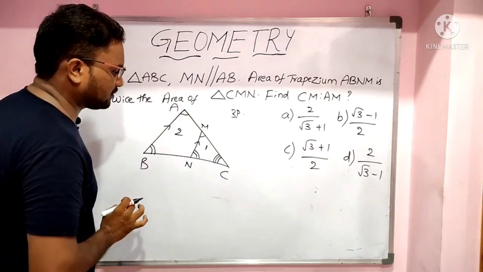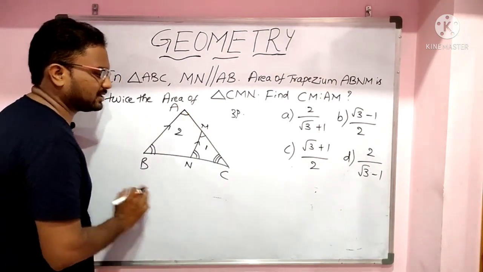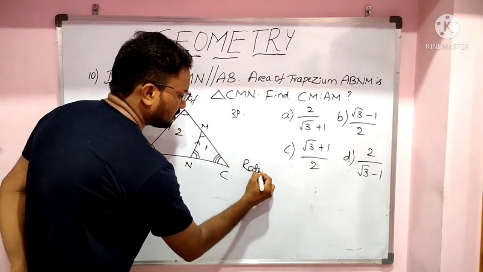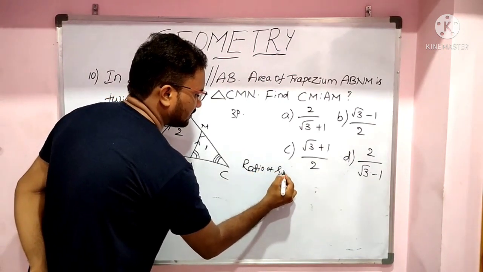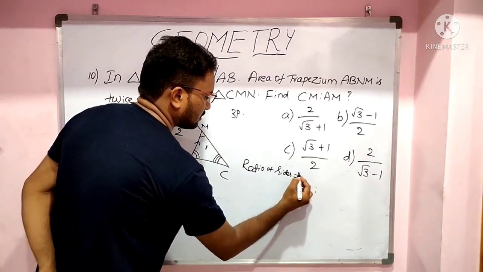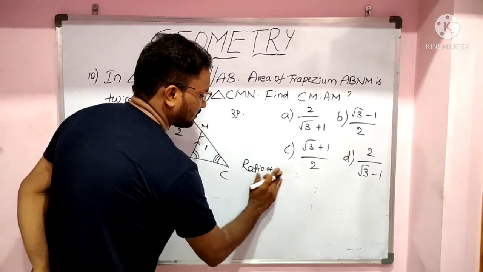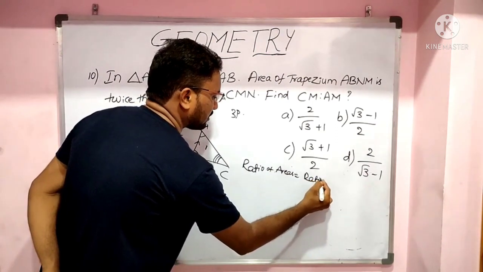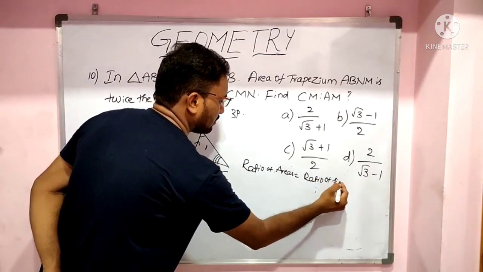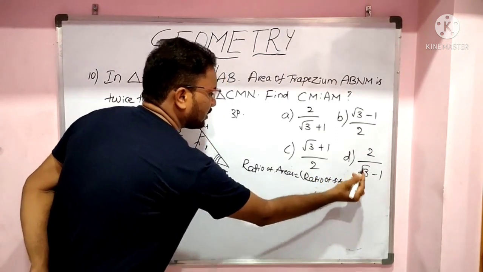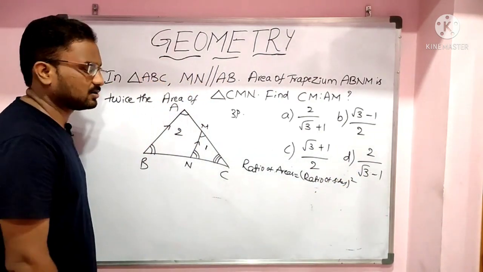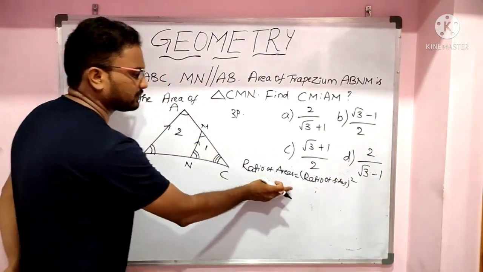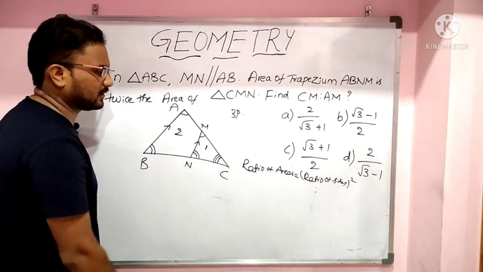If two triangles are similar, then the ratio of areas equals the ratio of sides whole square. I already told you, ratio of areas equals ratio of sides whole square.